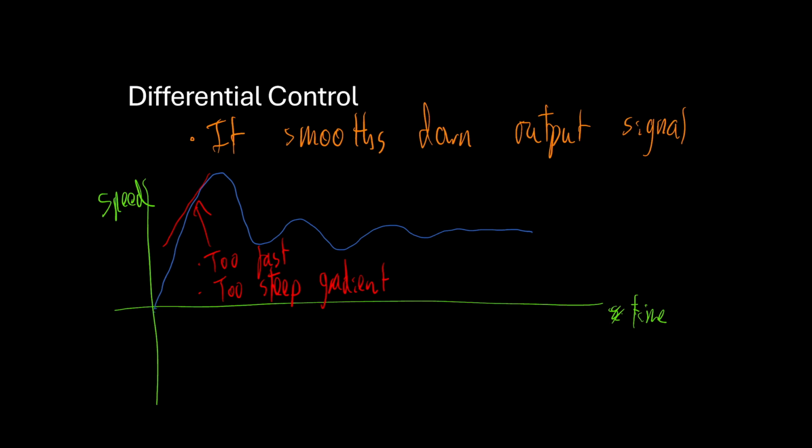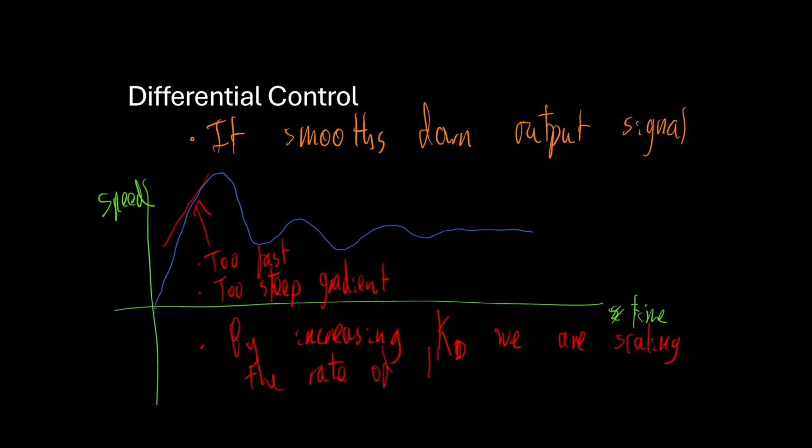By applying a KD parameter, by tuning and increasing the KD parameter, we are saying if it's too steep, slow it down. By increasing KD, we are scaling the rate, or the steepness, of the error or of the output signal.